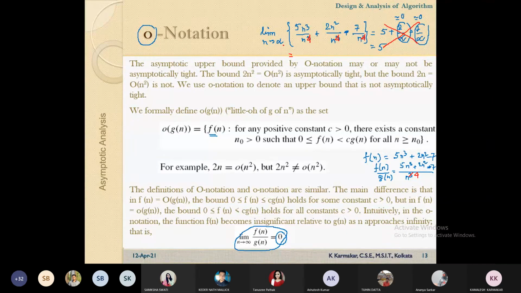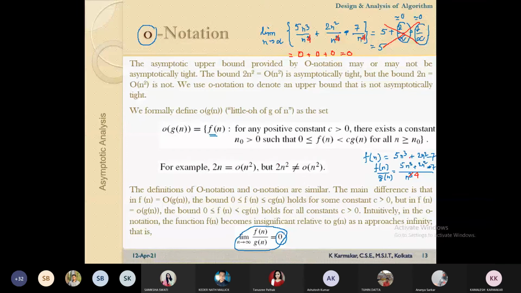The value of n is becoming too large, so a constant value divided by n, according to the calculation of limits, you know this value will be 0. Plus the second part will be 2 by n square, where n tends to infinity. This one is 0. The third part is also 0. So now this value is 0.